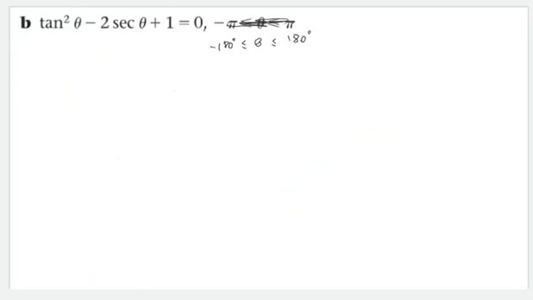Okay, just to check, what first steps have we made? I substituted tan squared theta plus 1 for sec squared theta. Yep, so in this equation we've got tan squared theta plus 1 here and here, and tan squared theta plus 1 is identical to sec squared theta.